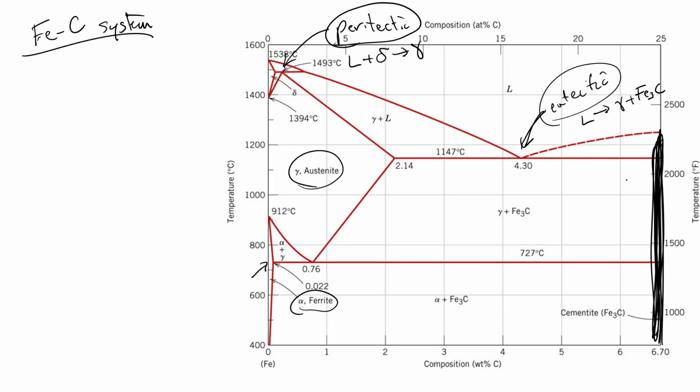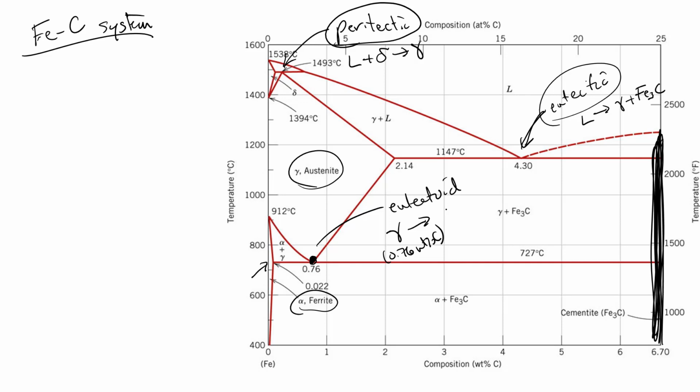But there's another invariant point on this phase diagram that is very important, and that's right here at 0.76. This is probably the most important point on this phase diagram. Okay, so this is a eutectoid point, and that's where gamma, a solid, when we cool down, and gamma is at 0.76 weight percent carbon.